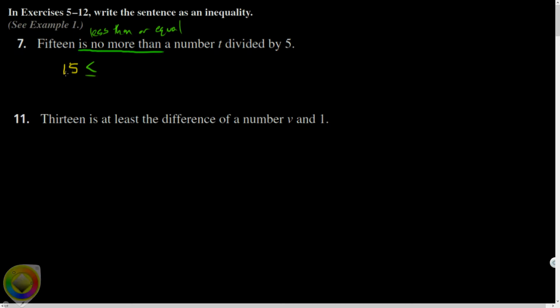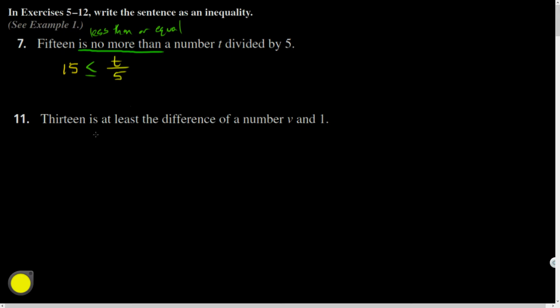So 15 less than or equal to a number t. Looks like a letter, but we know that it's a variable, so it could be a number. Divided by 5. So, all right, 15 less than or equal to t over 5. So that language is a little bit tricky. It required us to be familiar with the English and be able to translate it to the mathish.